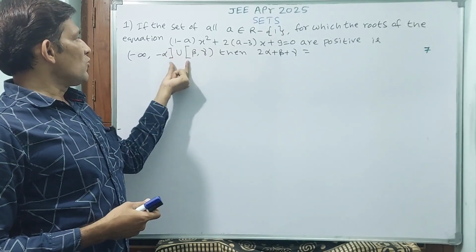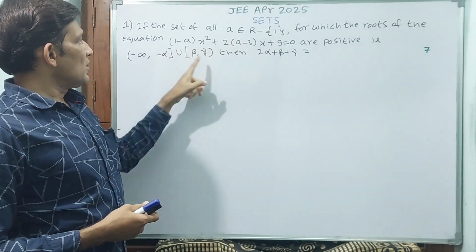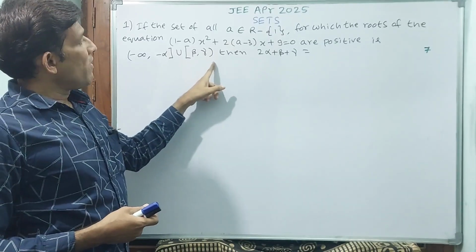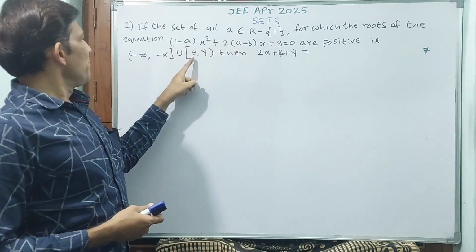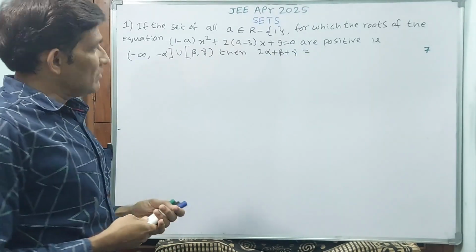See, these are closed intervals, but these are open intervals. Gamma is also an open interval. Then what is the value of 2 alpha plus beta plus gamma? The answer has to come as 7.